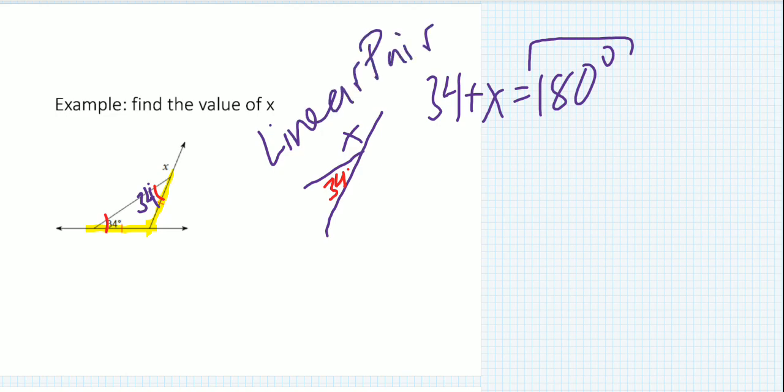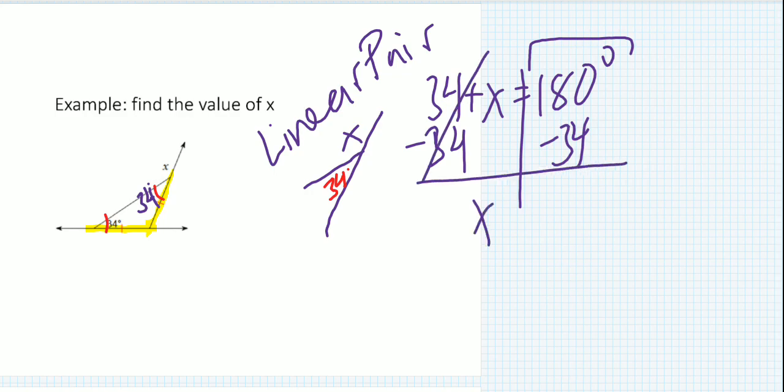Okay, so you need to be careful about that. Then we go ahead and subtract 34 on both sides, because that's how we solve equations. And then x is equal to, what is that, 146? Yeah, there you go. Okay, so x is equal to 146 degrees.